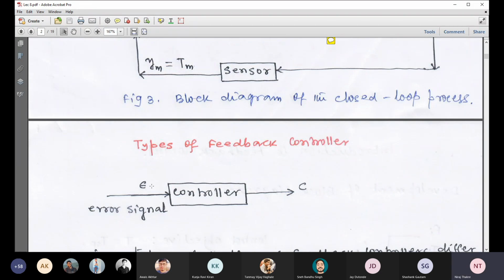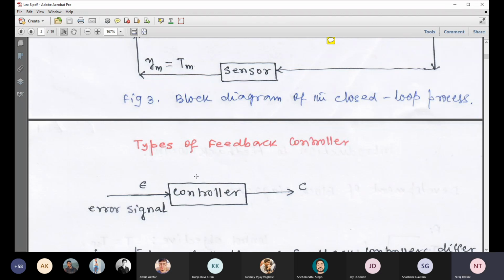Controller input is error signal, epsilon, and output is C. So the controller is relating C and error signal.